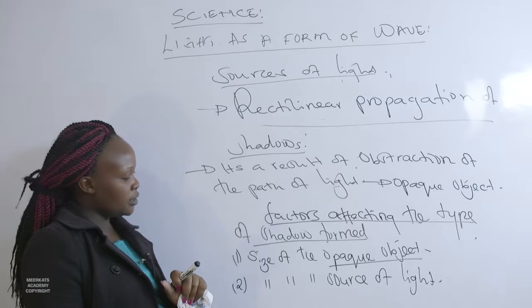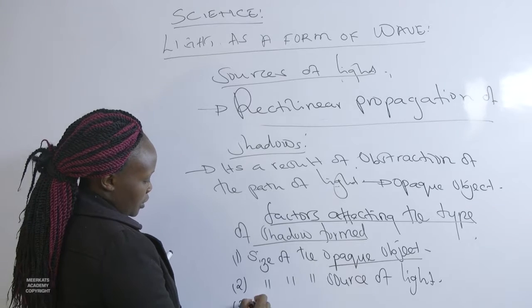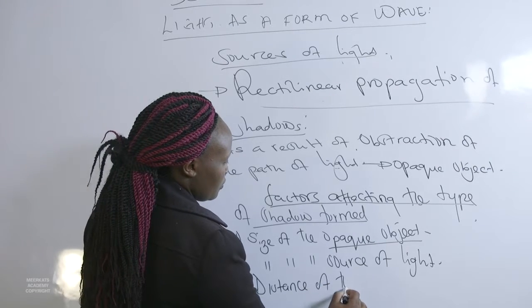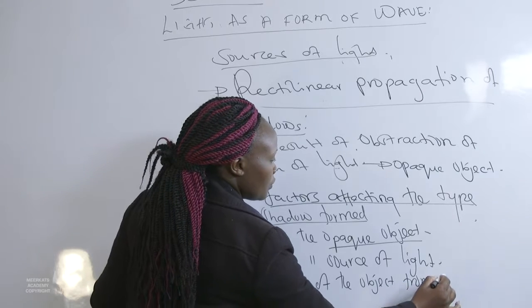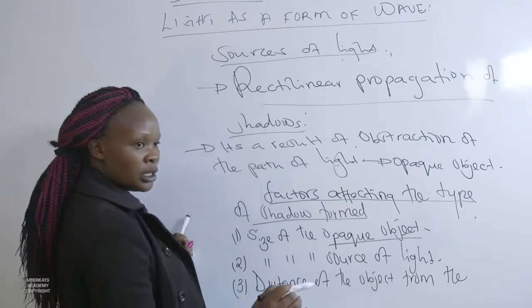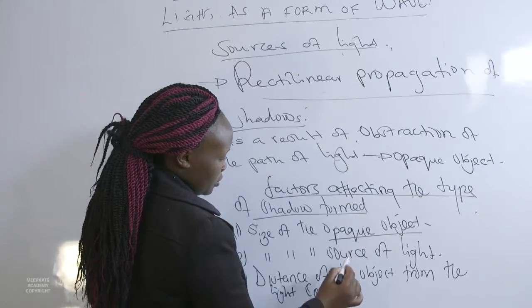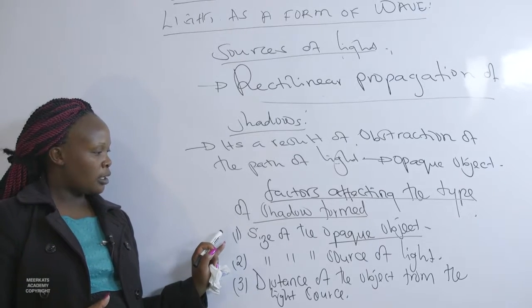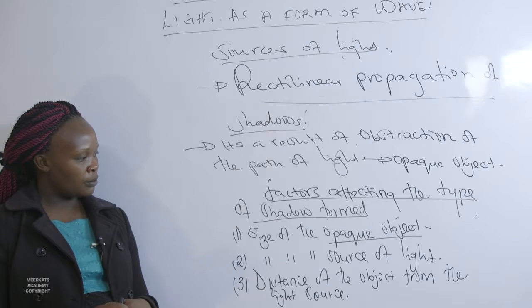And lastly, we have distance of the object from the source of light. Those are basically the three that will inform the type of shadow formed.